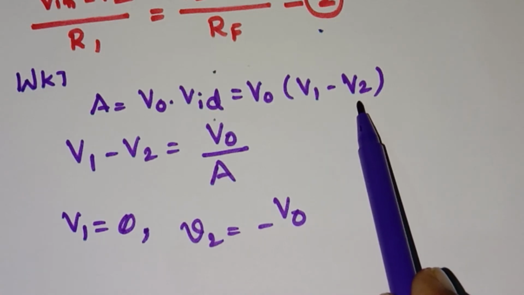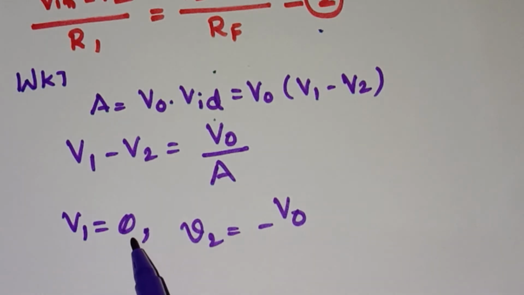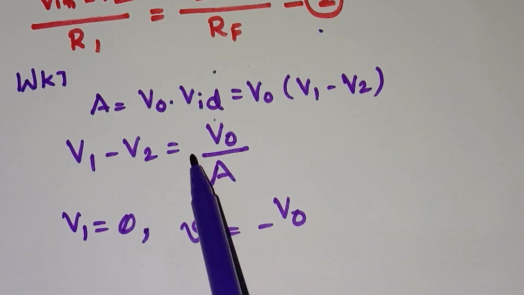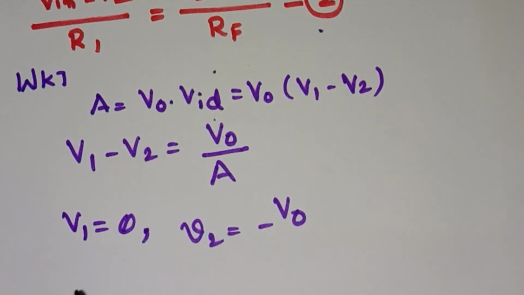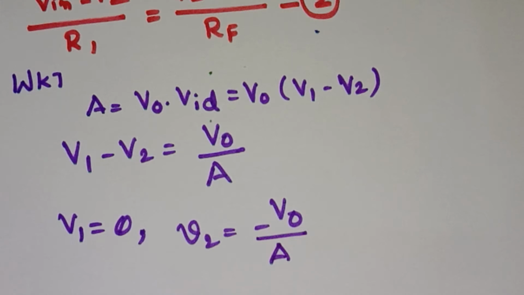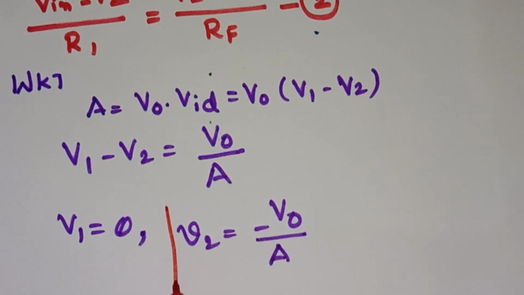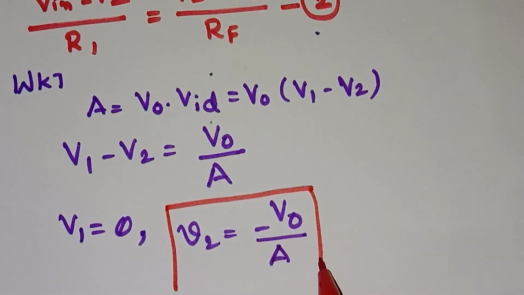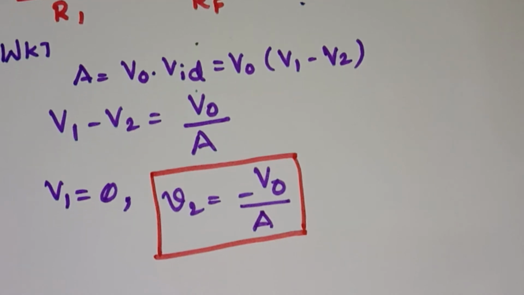Now, according to the figure, V1 is equal to 0, because this is applied to the grounded non-inverting terminal. So V1 minus V2 is equal to V out divided by A, which gives V2 is equal to minus V out divided by A.